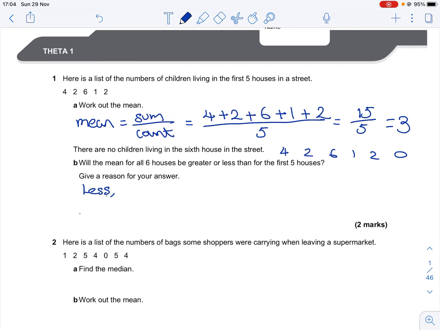Because there are the same number of children to go around more houses.